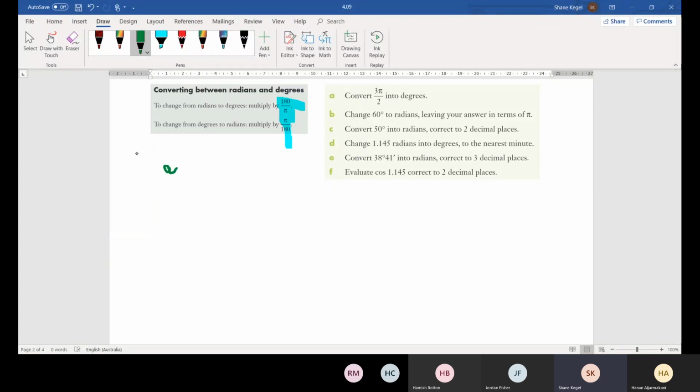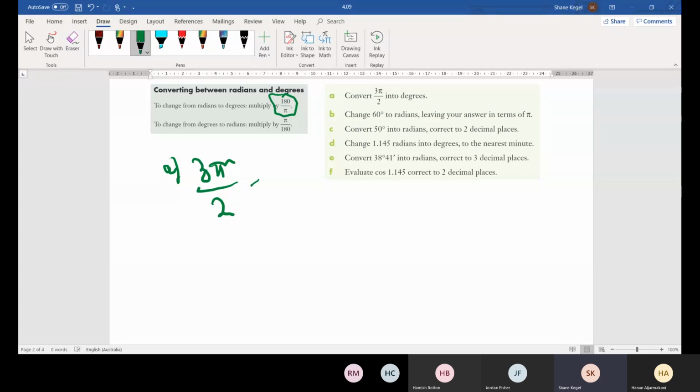Question A. Convert 3 pi on 2 into degrees. Okay, so 3 pi on 2 is a radian measurement. It's something in relation to pi, so that's key to remember. At this current moment, we're multiplying through, and we want to convert to degrees. So as we said before, we're looking for the formula where the degree value, or 180, is on top.